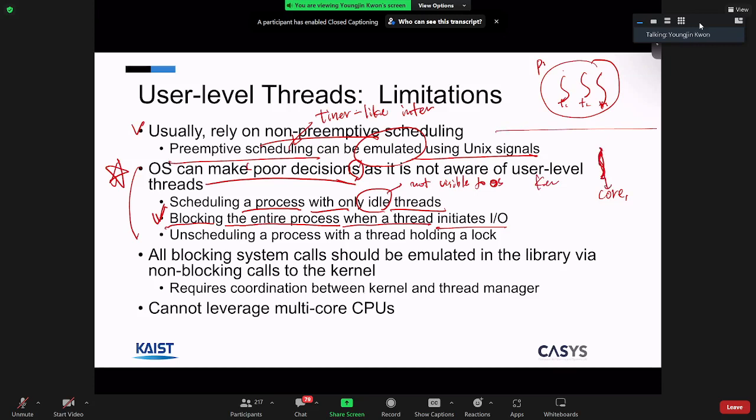This is scheduled on the core conceptually, and if this thread makes use of the core and performs a write system call, it means that this core has a write system call. This figure is a bit confusing because in the view of the kernel, this process is the scheduling unit. You can think of it as the scheduling unit.